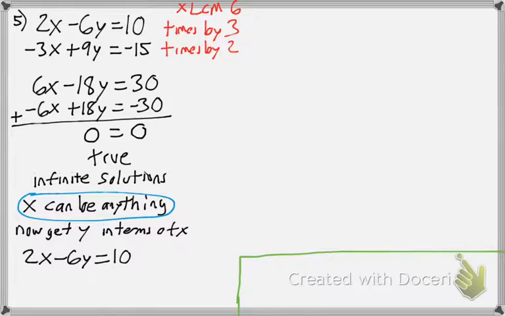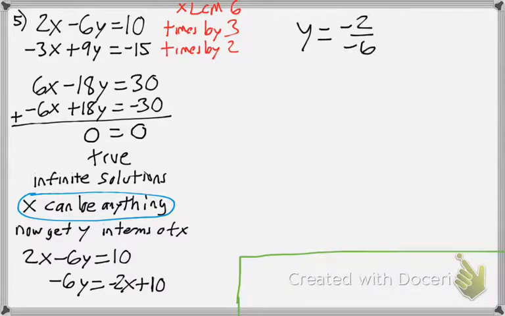So I'm going to subtract 2x from both sides, and then I'm going to divide by negative 6, which reduces to 1/3 x minus 5/3.